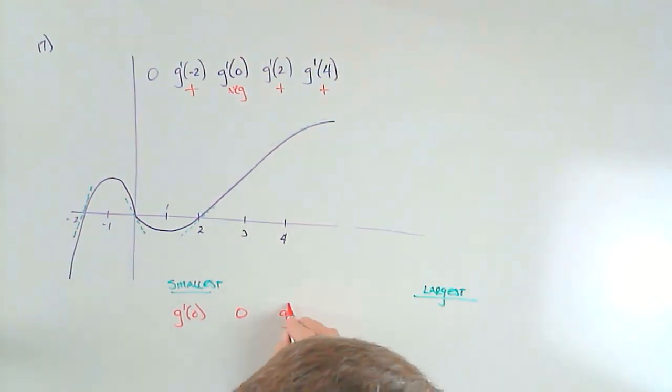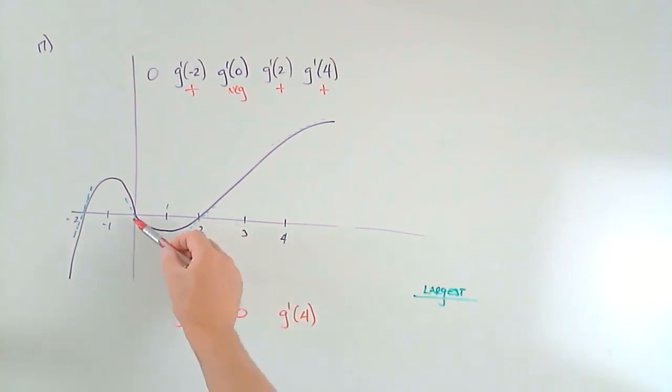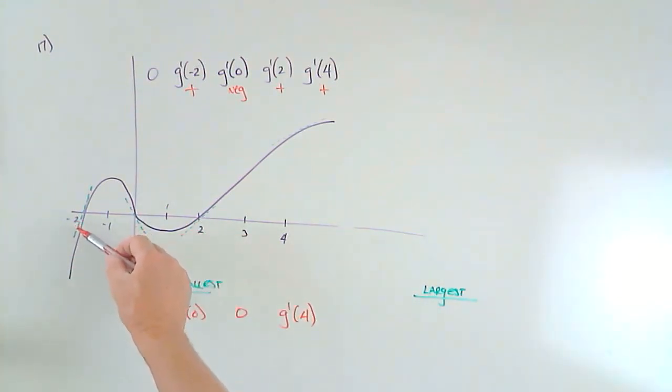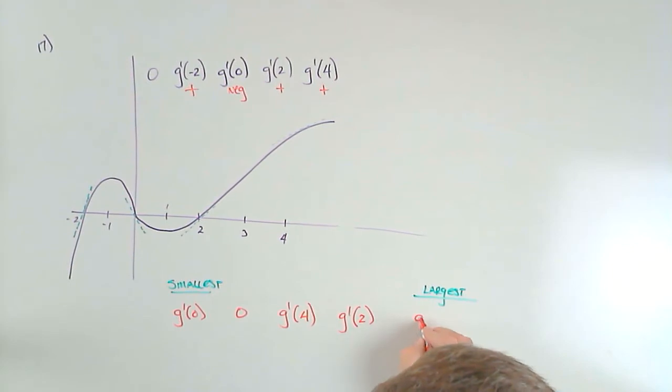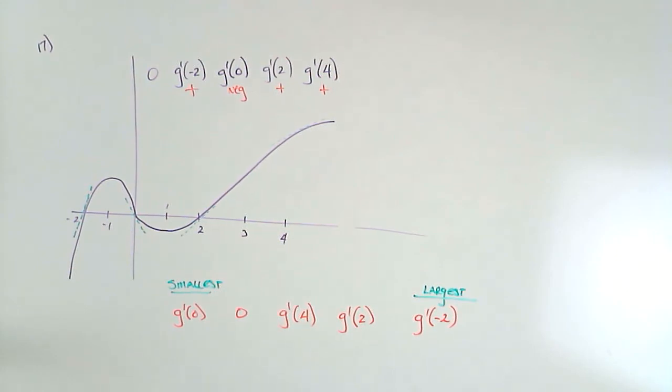So that's g prime of 4. Then we have a slope at 2 and a slope at -2. Well, this slope is less steep than that slope, so that comes next, g prime of 2. And finally, the largest number is g prime of -2. So question 17 is about reminding us that, hey, the derivative is the slope of the tangent line. Okay, the derivative is the slope of the tangent line.